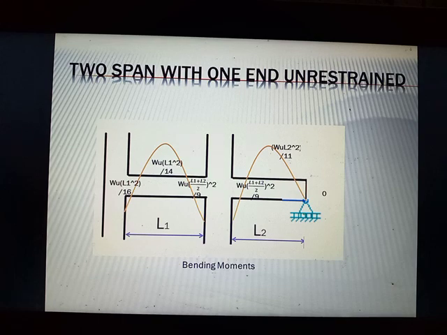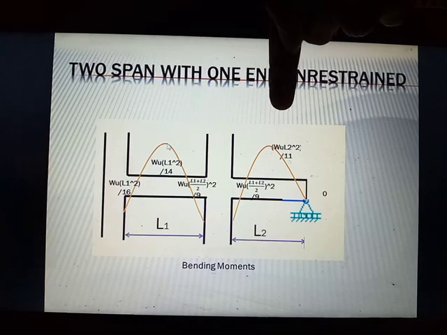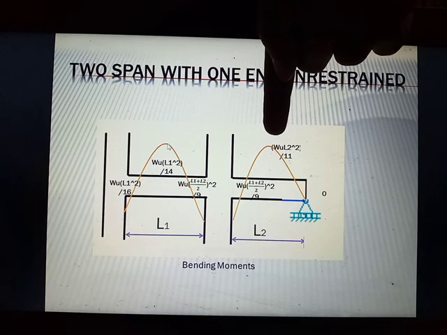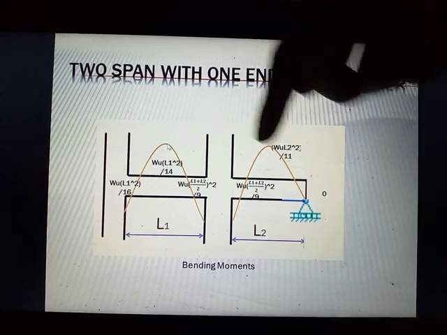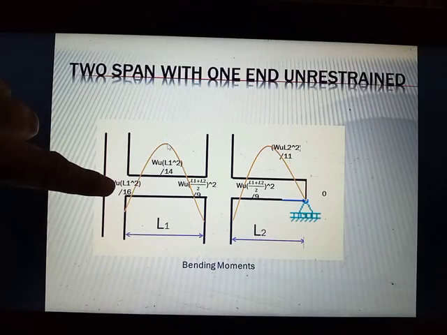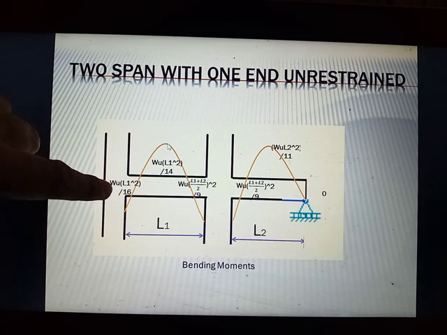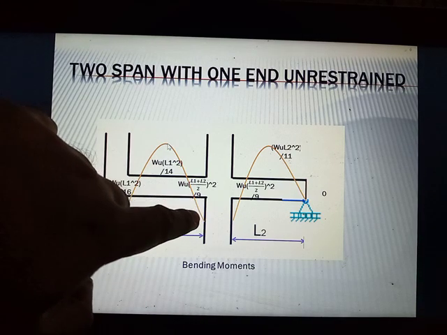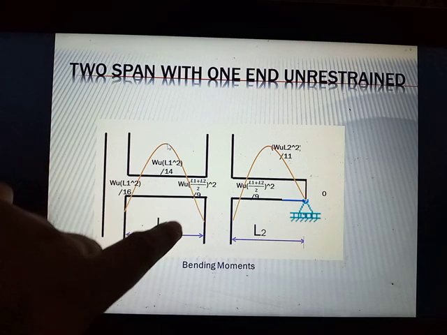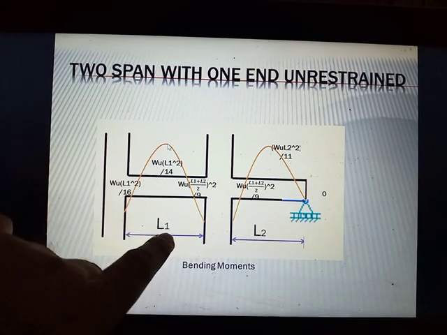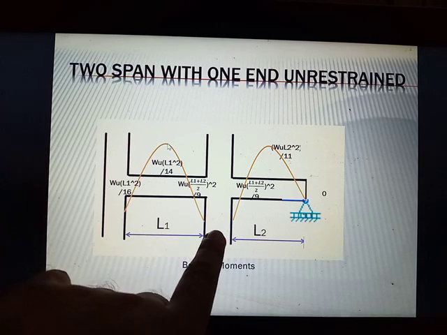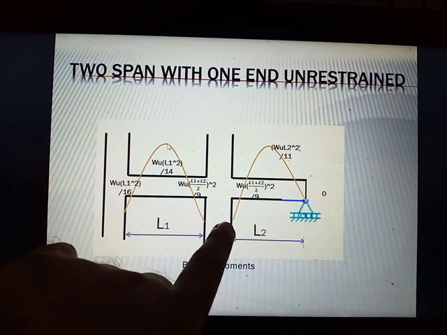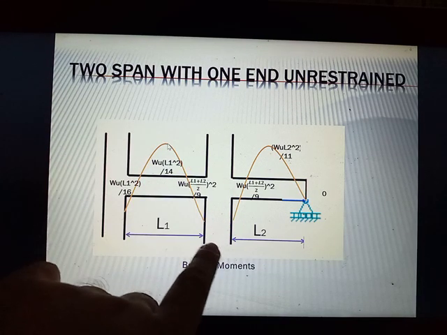The same rule applies. For computing the positive moments, your Ln will automatically equal the span, and likewise for the exterior negative moments. But for the interior negative moments, you need to average the two adjacent spans between which the support lies.